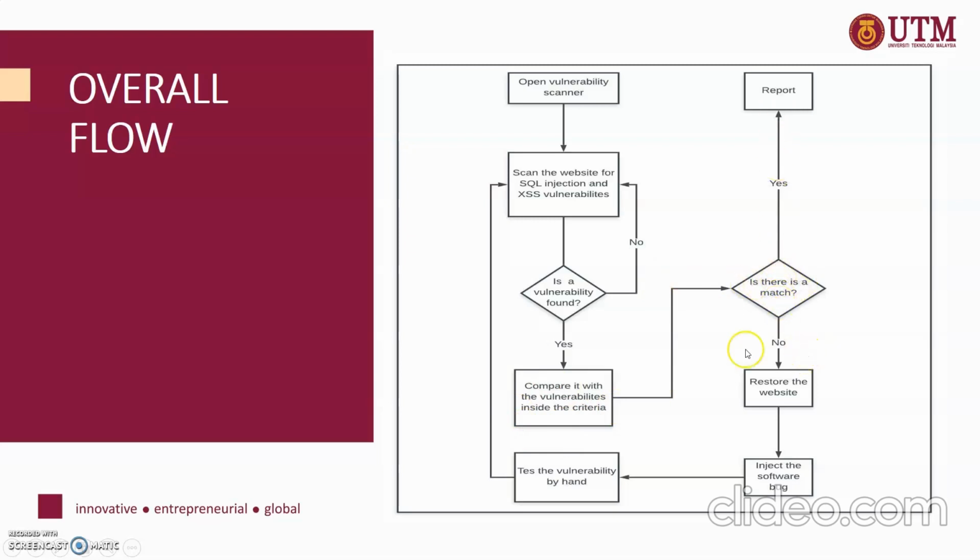If not, it restores the website, injects the software bug of vulnerabilities, and tests the vulnerability by hand, doing the attack manually. After the manual attack, the vulnerability scanner will scan the website again until it finds it, and finally produces a report.